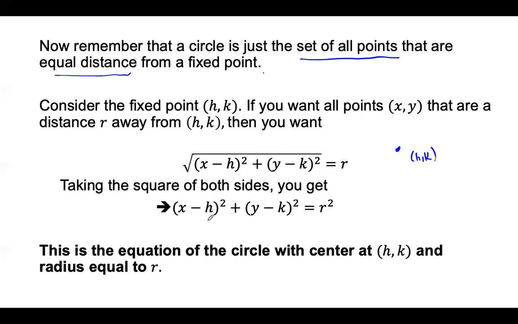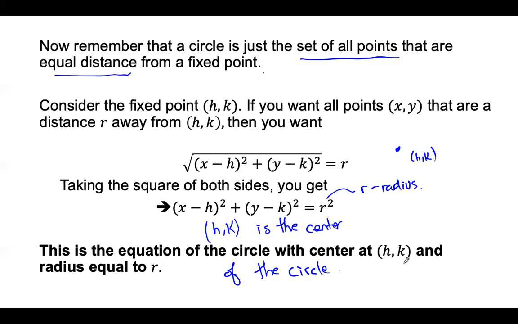So essentially these points, h and k, are the center of the circle. R is our radius. Again, this is our center.